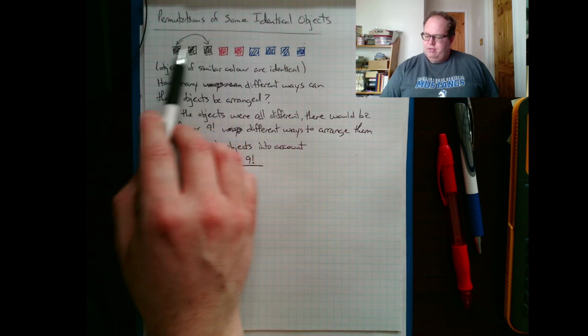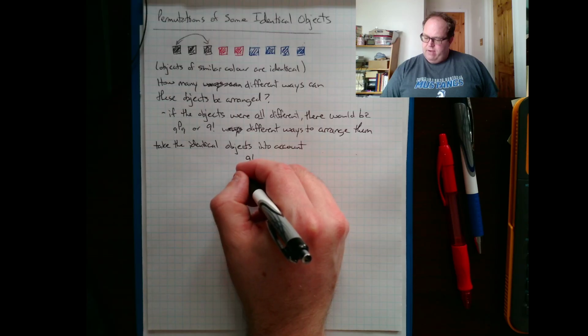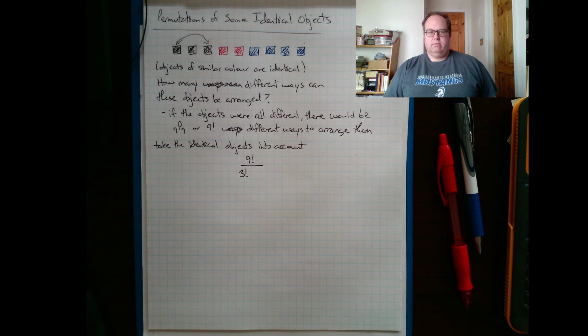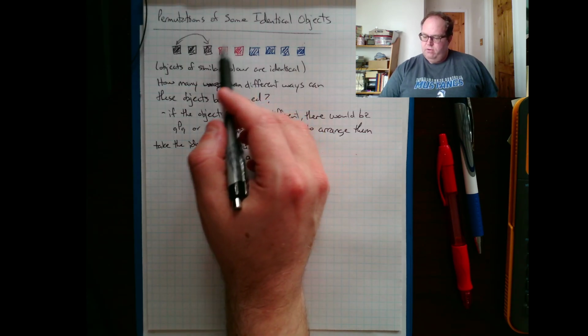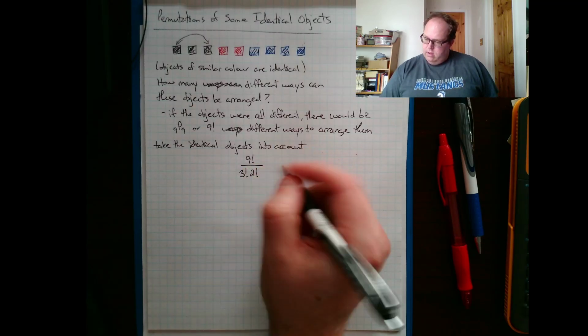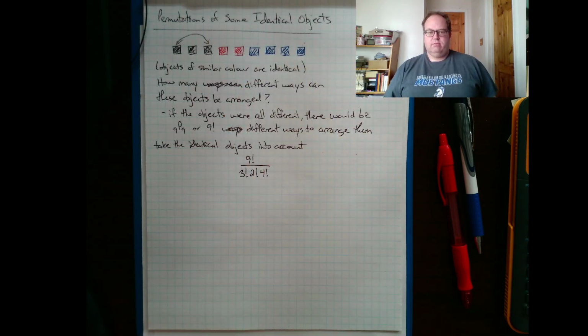The black objects, there's 3 factorial different ways to arrange those. So I've overcounted this by a factor of 3 factorial due to the black objects. There'd be 2 factorial different ways to arrange the red objects, and 4 factorial different ways to arrange the blue objects.